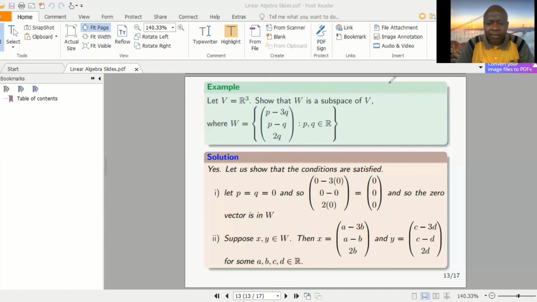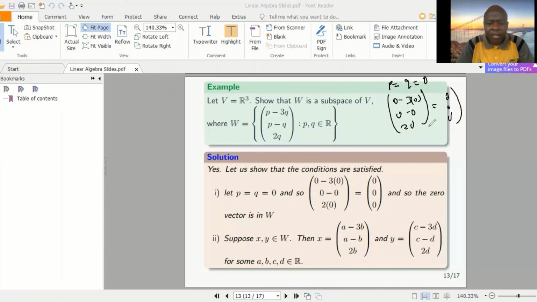So if P is equal to Q and each of them is 0, then you would have 0 minus 3 times 0, 0 minus 0, and 2 times 0, and this would give us 0, 0, 0.